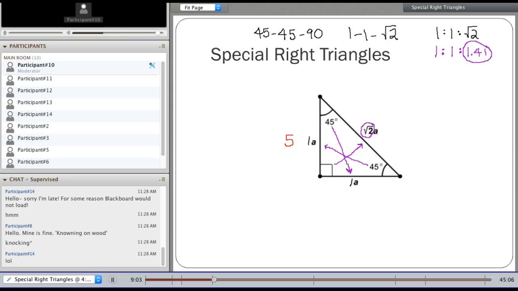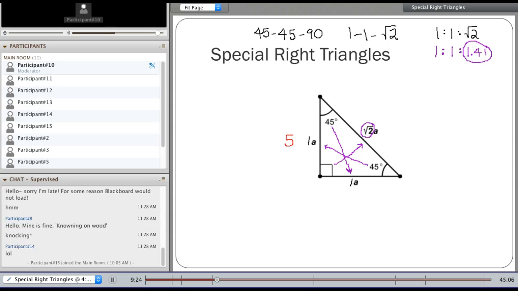So up to this point, let's think about our right triangle tools that we have. We have Pythagorean theorem. That's one right triangle tool. Would Pythagorean theorem work in this case if all you knew was one side? If you knew this was 5 and that's it, could you find this side and this side?